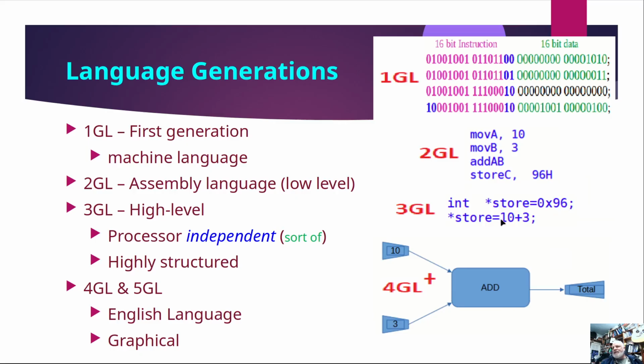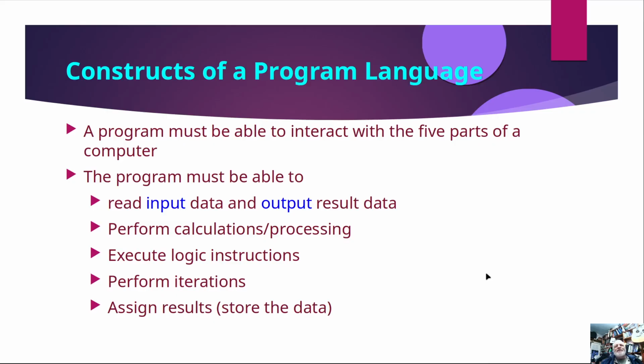And then you could just do the math, 10 plus 3, and that would be put into the memory location. And now we're really up into what we call the 4th and 5th generations, where we can actually do these graphically. There are a couple of different tools that we're going to be using there for some of our programming.